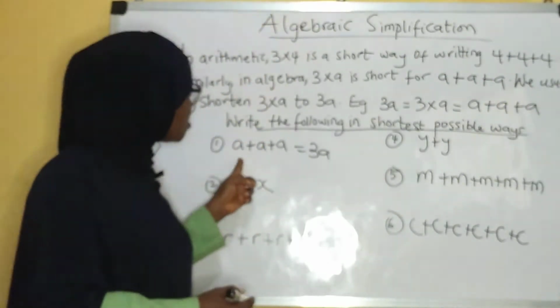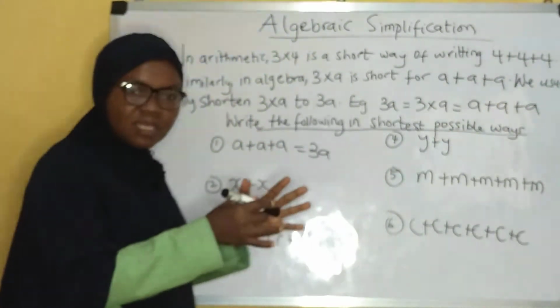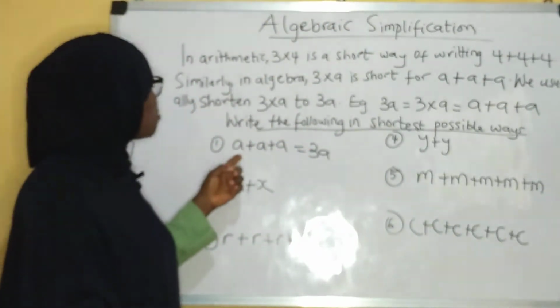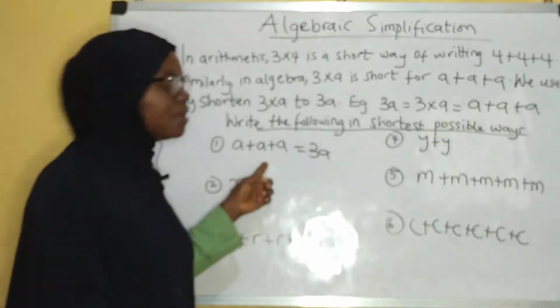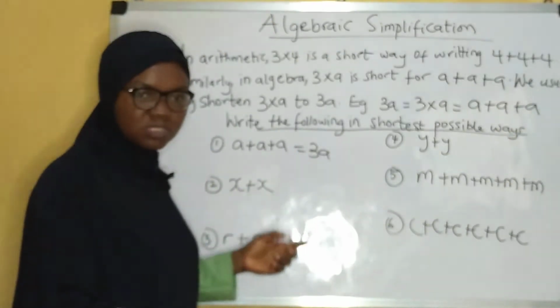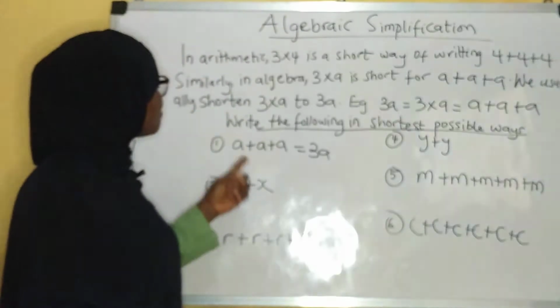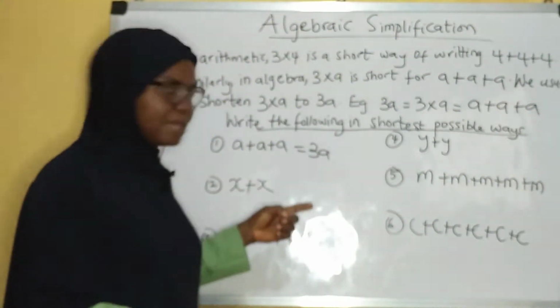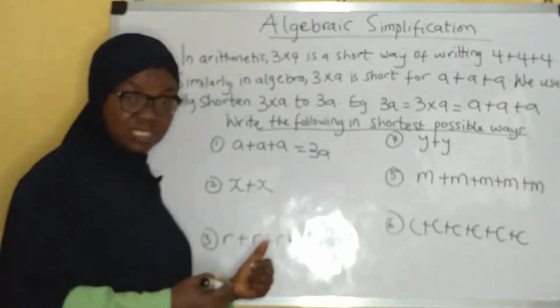No, I have a plus a plus a. So all the a's joined together are 3a. It's just like saying you have one bag plus another bag plus another bag. That will give you 3 bags. The same thing, you have one apple, another apple here, and another apple here. It means 3 apples. Do you understand? All right.